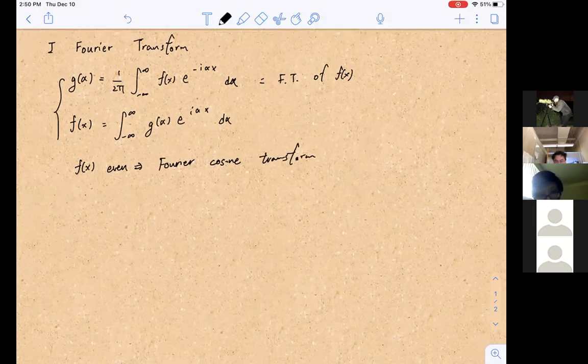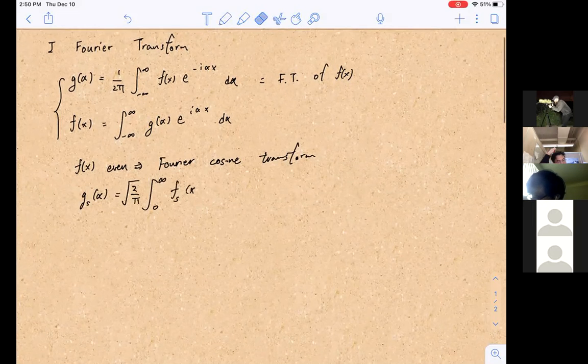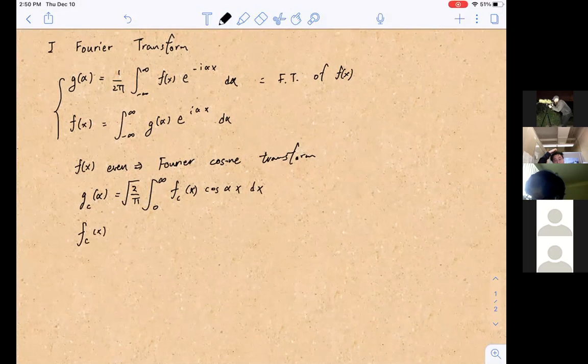I'm going to write these down, so this will be like a cheat sheet for you. Instead you integrate from 0 to infinity only. Sorry, the subscript should be c: g sub c of alpha is the integral of f of x cosine alpha x dx. And then you can transform back, again integrating from 0 to infinity, g sub c cosine alpha x d alpha.